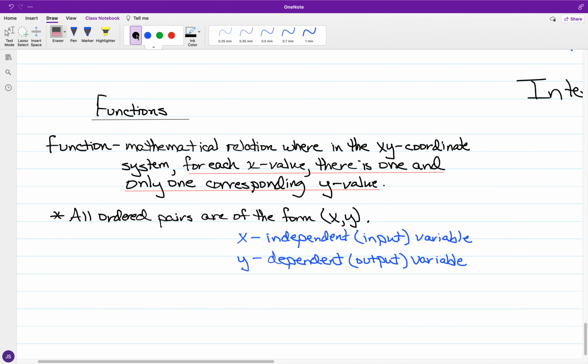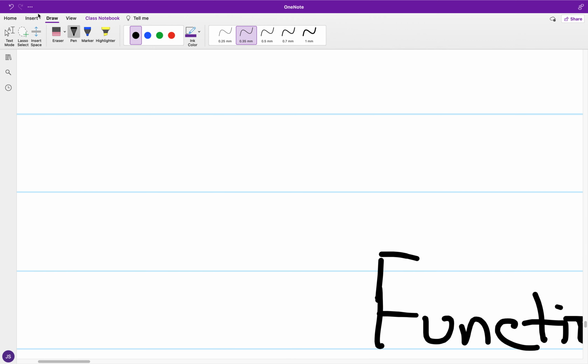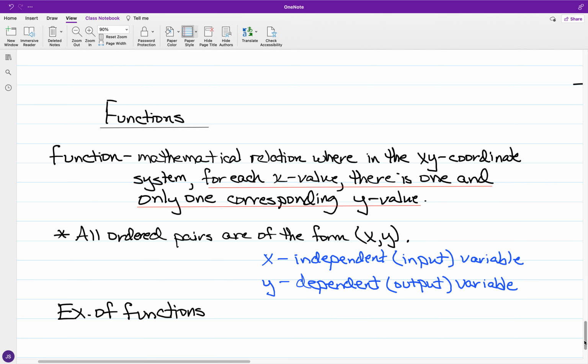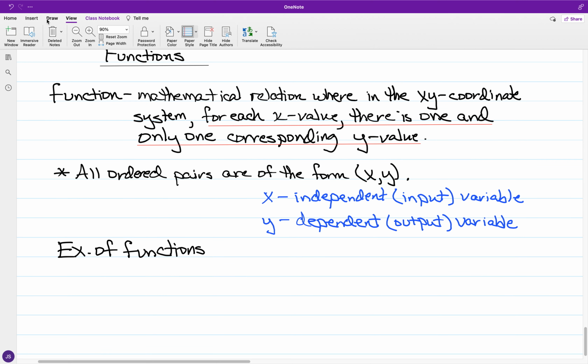And as examples of functions, they could be equations, but at least for introductory purposes, we look at it through sets of ordered pairs.